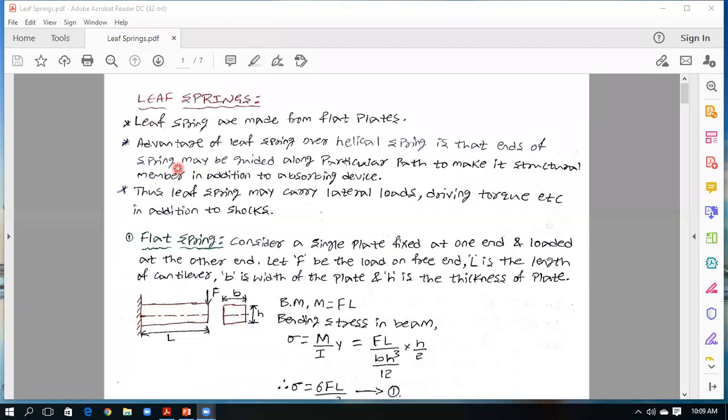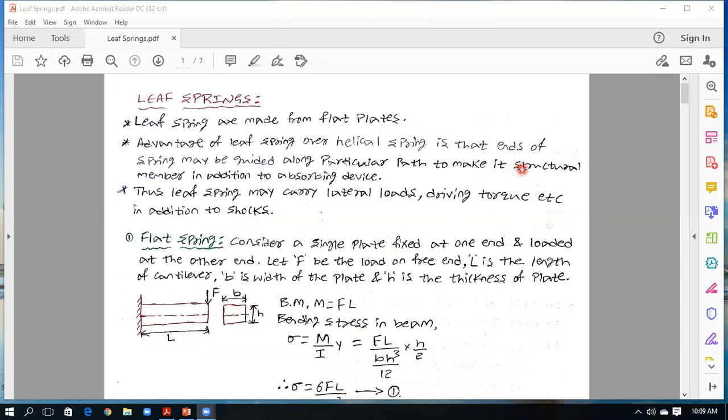Whatever the leaf springs are there, the ends of the leaf springs are guided along a particular path to make it a structural member. In addition to the absorbing device, this will act as a part of a structural member.